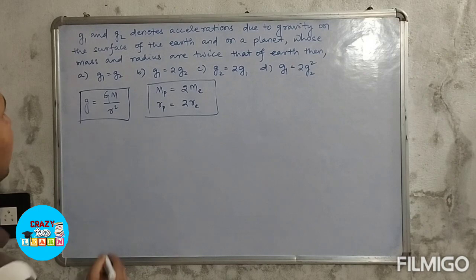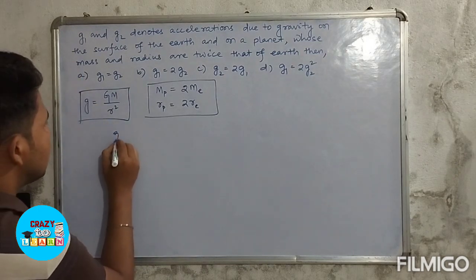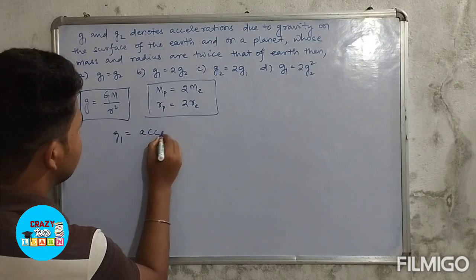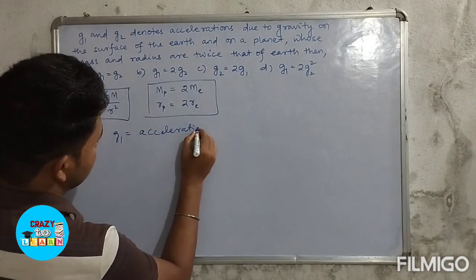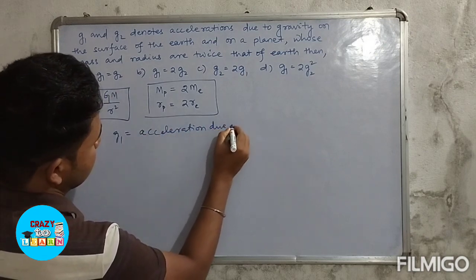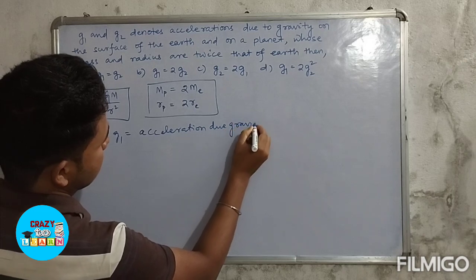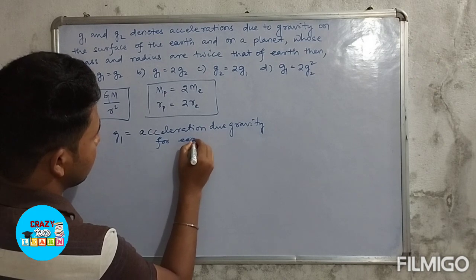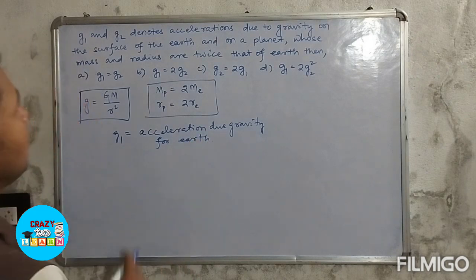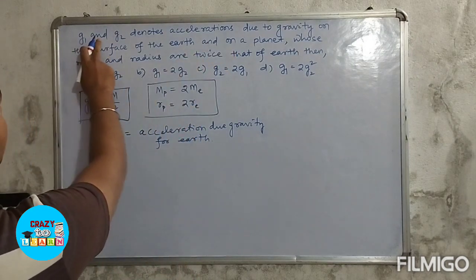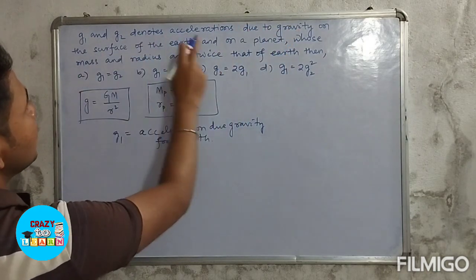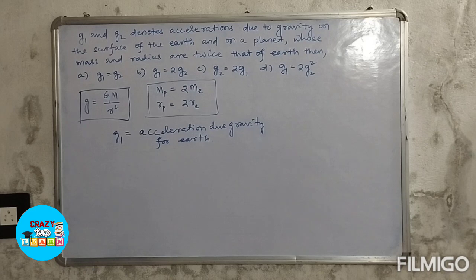Now we will find out g1. Now what is g1? Acceleration due to gravity for Earth. It is mentioned to you that g1 and g2 denote the acceleration due to gravity on the surface of the Earth, and on the other planet.